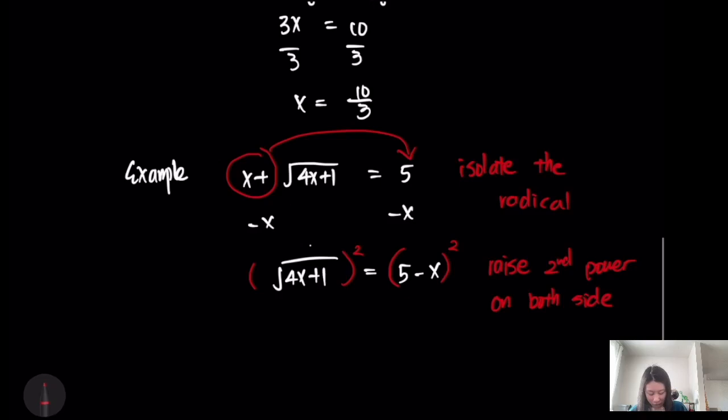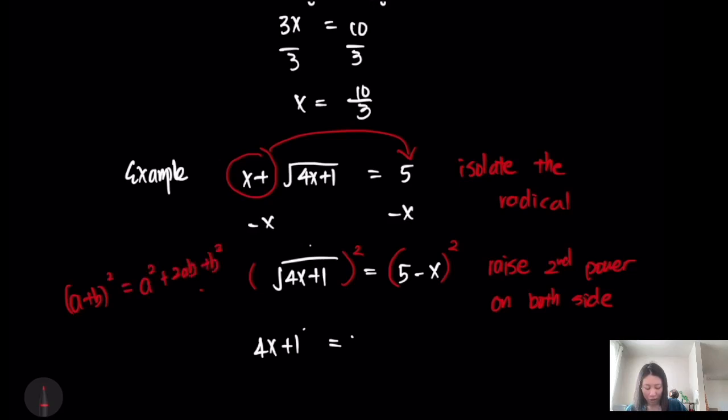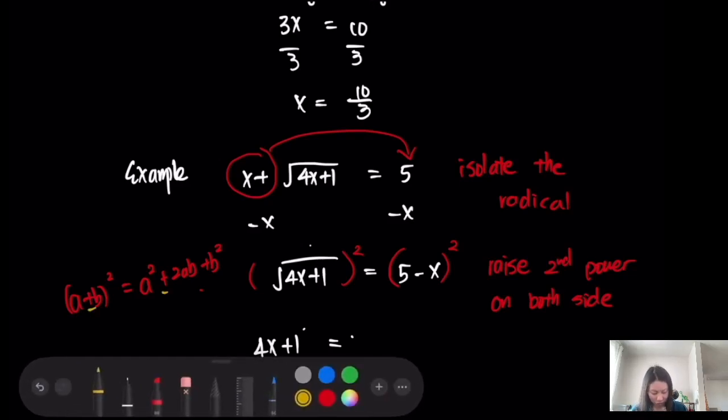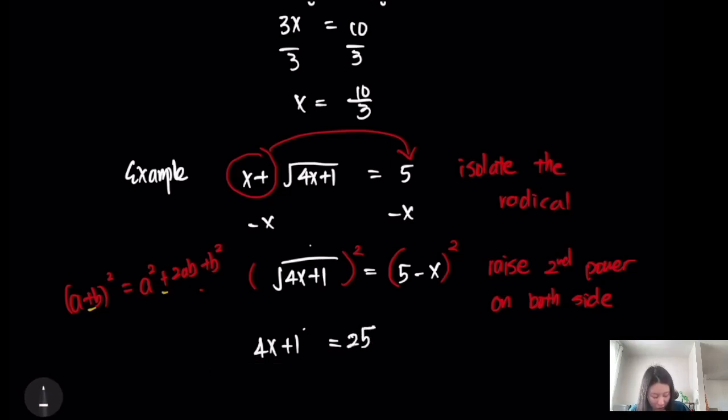I square it, so I will have 4x plus 1 equals, now we should be very familiar with the perfect square. If you don't, you can just FOIL it, but the perfect square formula is (a plus b) squared is equal to a squared plus 2ab plus b squared. Subtracting is the same, you will have plus or minus in here. In here I got 25 minus 10x plus x squared.